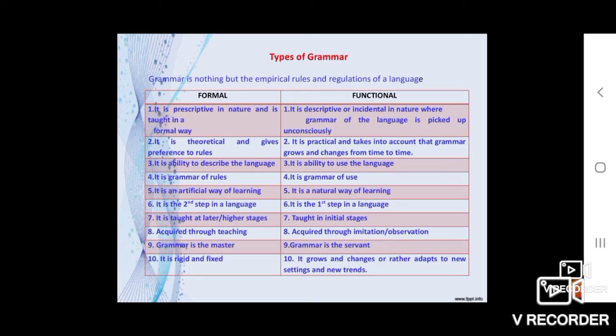If we look at functional grammar, what is meant by functional grammar? It is descriptive or incidental in nature, where the grammar of the language is picked up unconsciously. It means when you are at school, among your friends, in society, when there is speaking, when there is communication, at that time we use such type of language, and language is always meaningful.